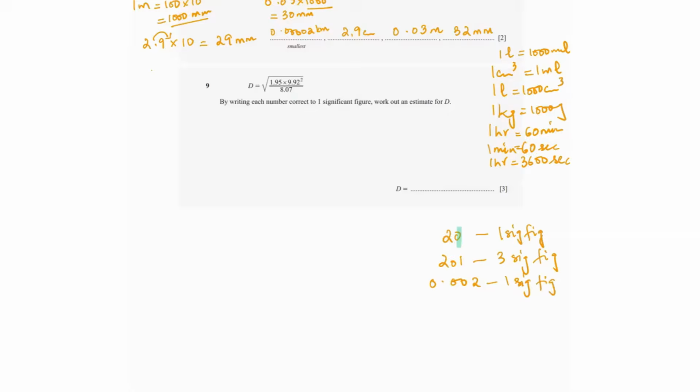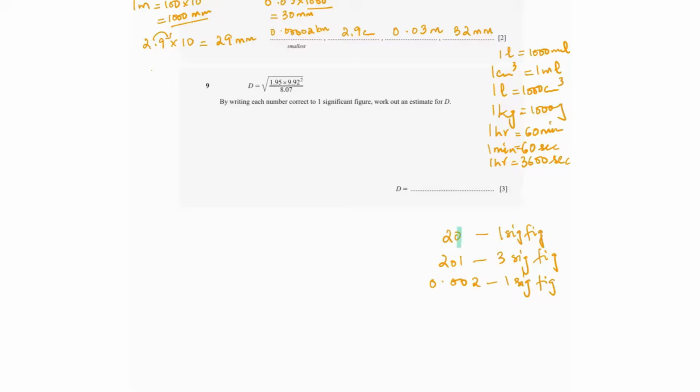In decimals, zeros written before a non-zero digit are insignificant. So if the zero is in the middle, it is significant. If it's at the end, it's insignificant. If it's a decimal and the zeros are in the beginning, it's again insignificant. So that's how you count your significant figures in any given number.